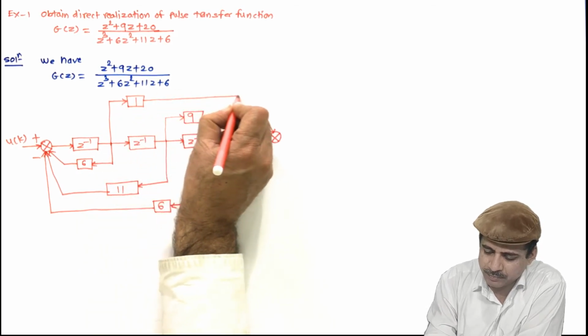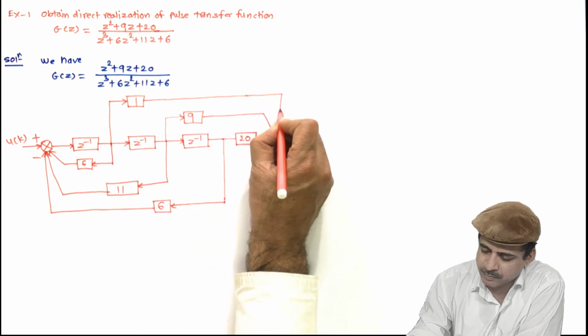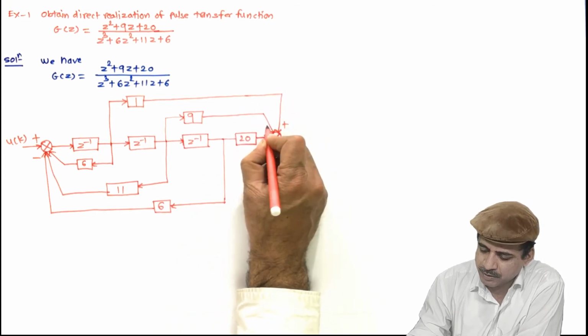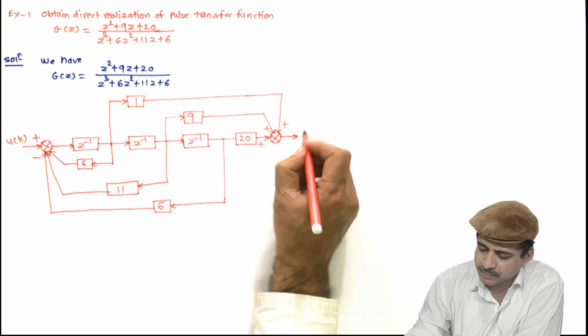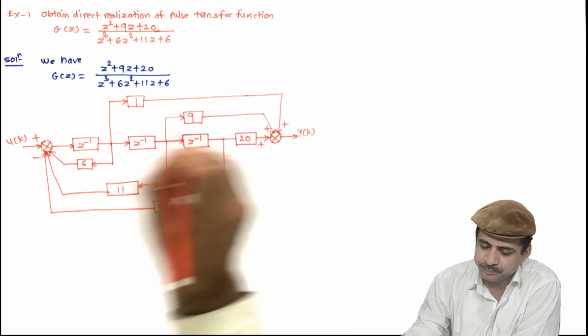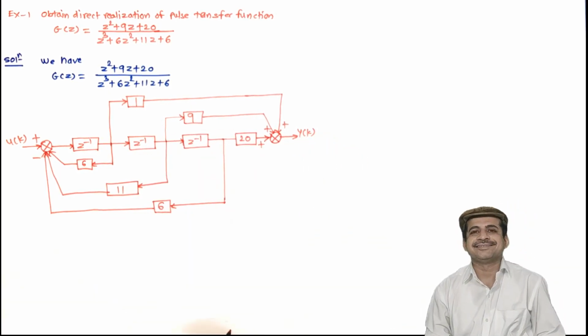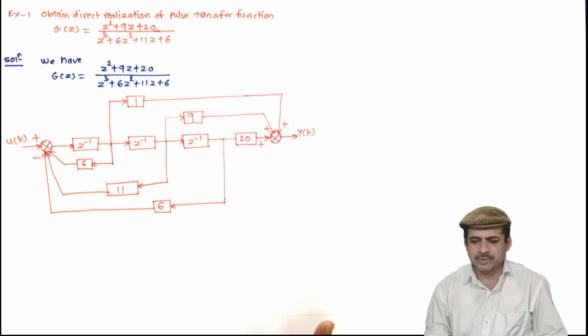Very simple. Plus plus plus, and this is y of k. It's done. Very straightforward and simple.